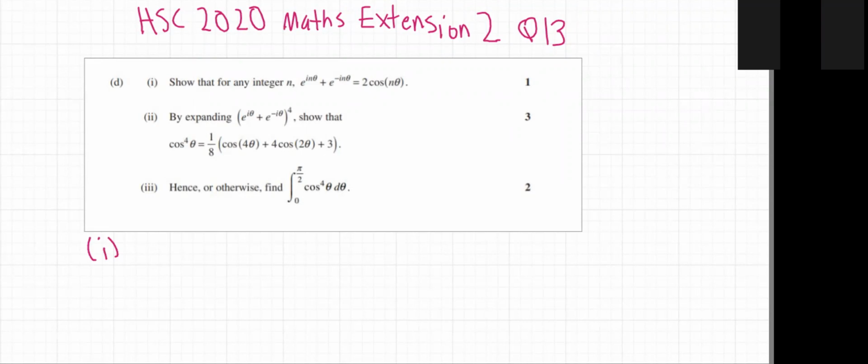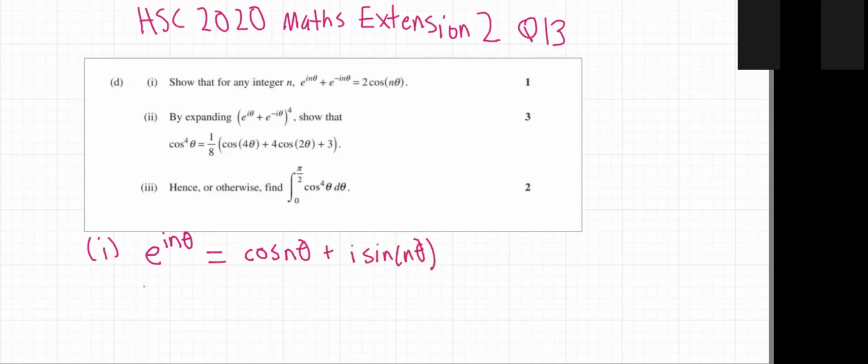To solve this question, first write e to the i n theta. Using Euler's formula, we have e to the i n theta is equal to the cosine of n theta plus i times the sine of n theta.